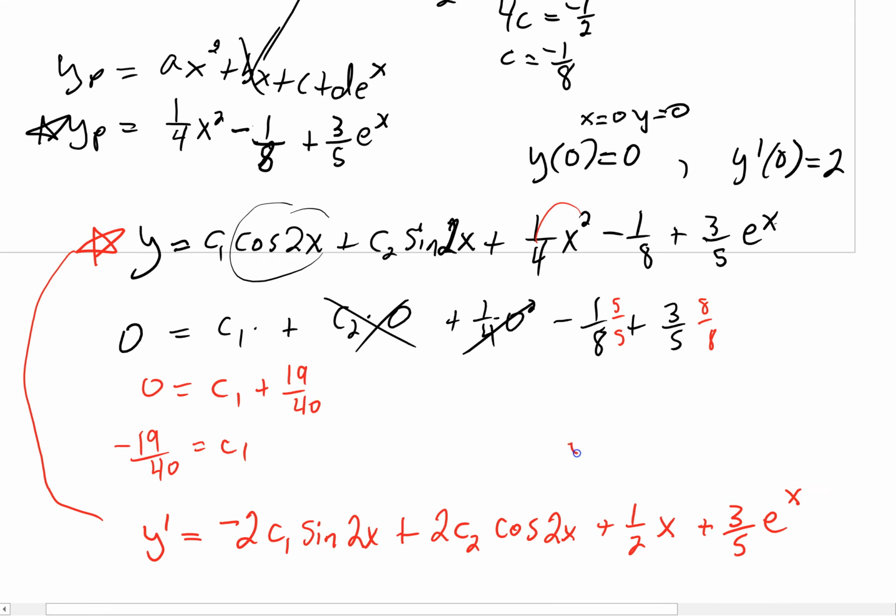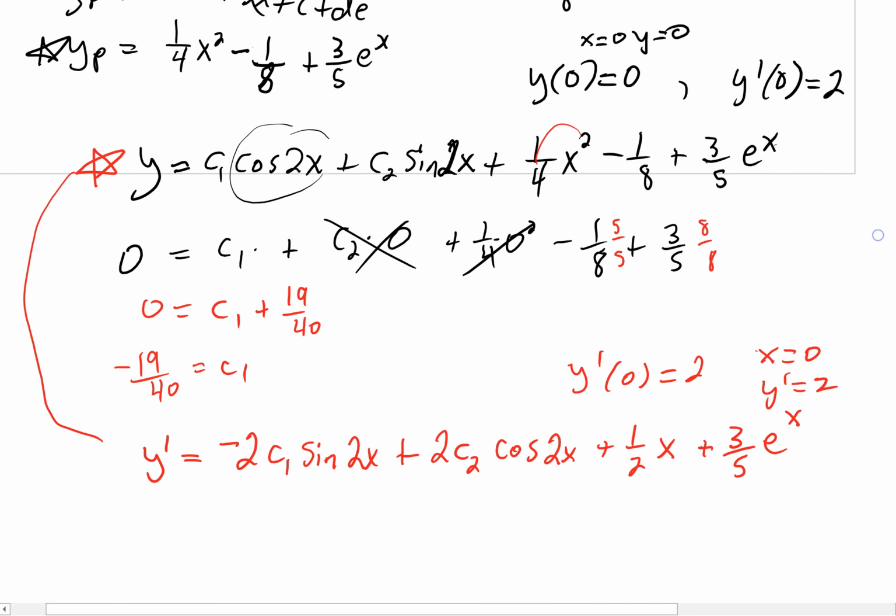And now we're going to use y prime of 0 is equal to 2. That means let x equal 0 and y prime will equal a 2. So left side becomes a 2. Again, the sine of 0 is 0, so this just becomes a 0. The cosine of 0 is just a 1. 1/2 times 0 is 0, that's good. And then we'll just have this 3/5 times a 1.